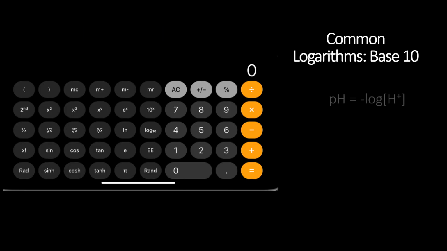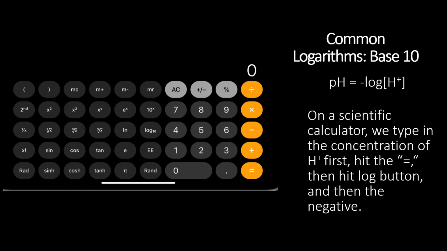Now moving on to calculating pH. So what we have here on the left-hand side is your iPhone. And if you were to open up your calculator app and turn your iPhone to the horizontal orientation, and that's the one you see here on the screen, you'll be able to access the scientific calculator.